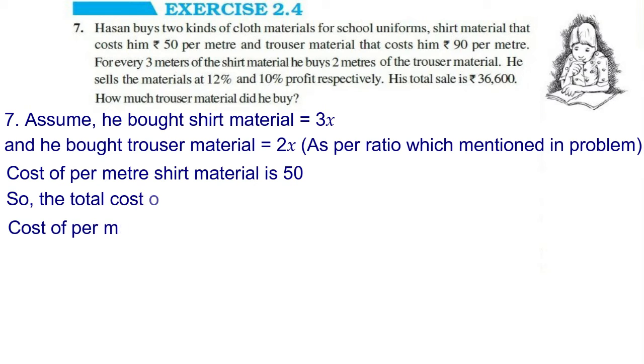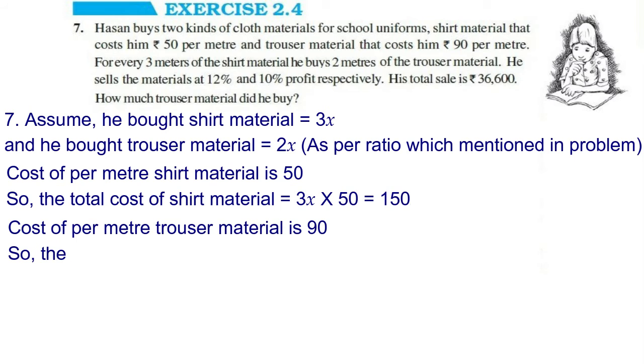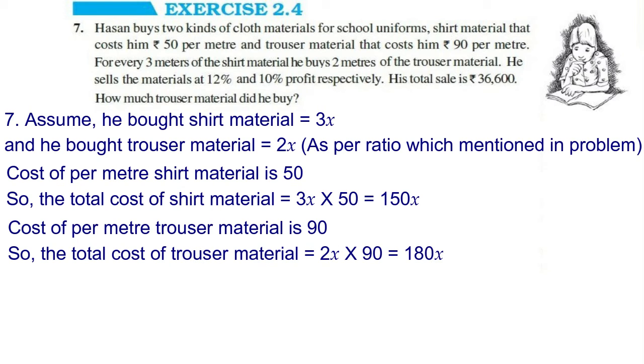So the total cost of shirt material is equal to 3x into 50, means 150x, and the trouser material is equal to 2x into 90, means 180x.